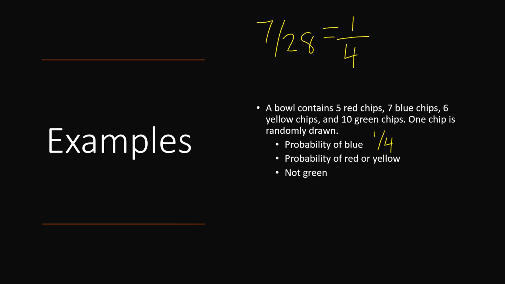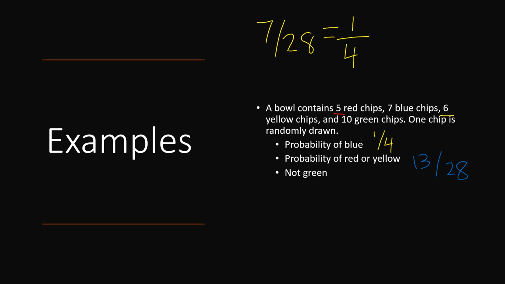Well, what's the probability of drawing a red or yellow? Well, since there's 5 red and 6 yellow, we already know the total number is 28. The probability would just be 13 over 28.